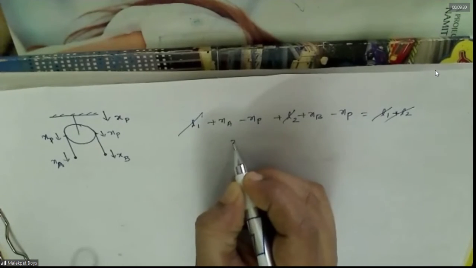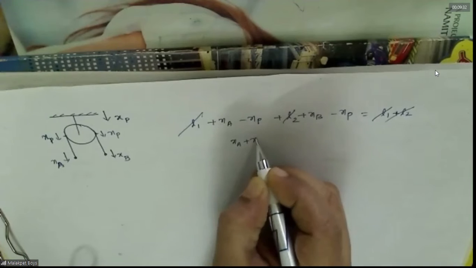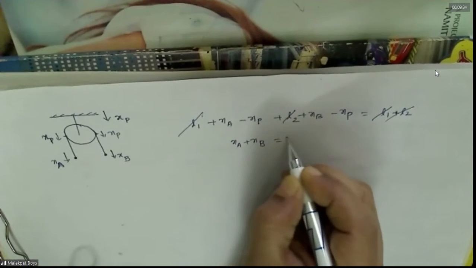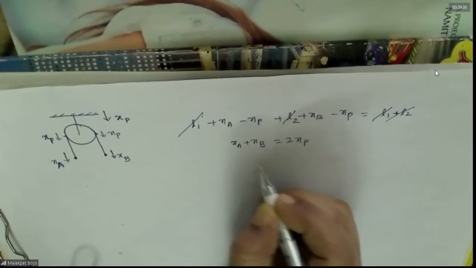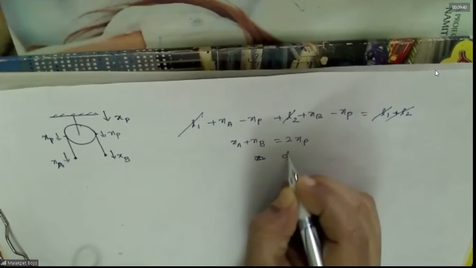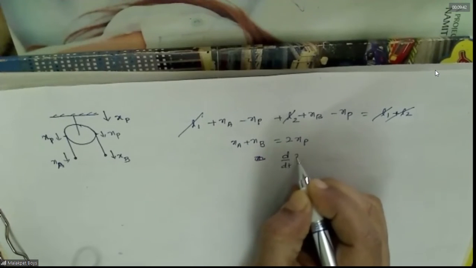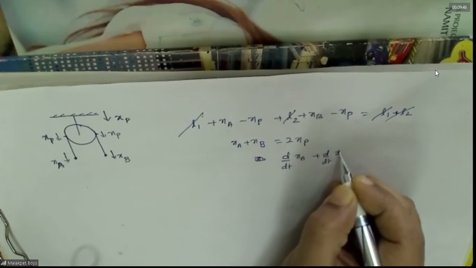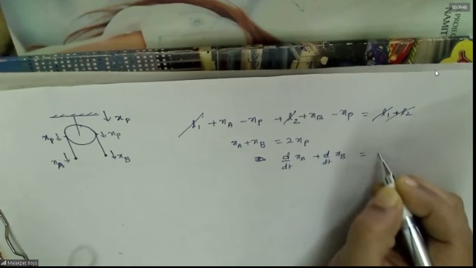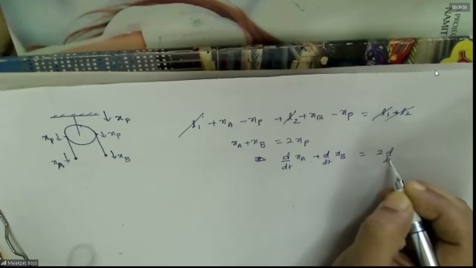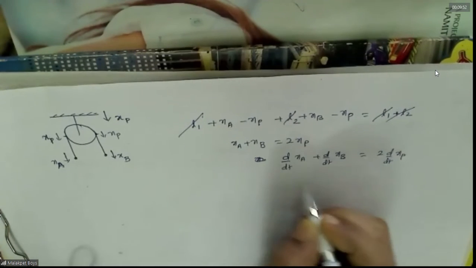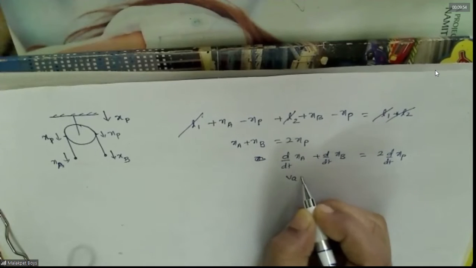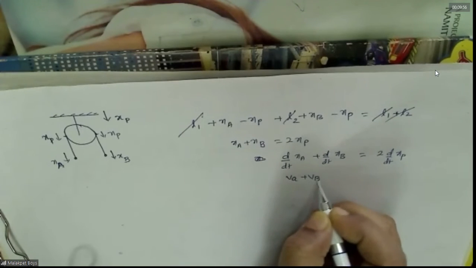So what you have here? You have XA to XP. So what is XP? If you differentiate this, this is nothing but VA plus VB.